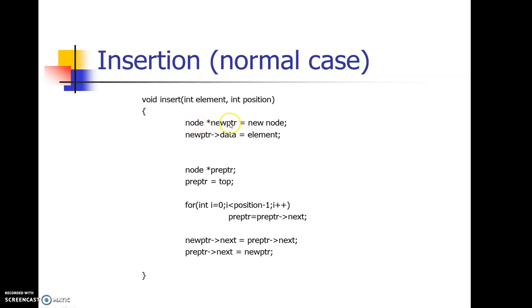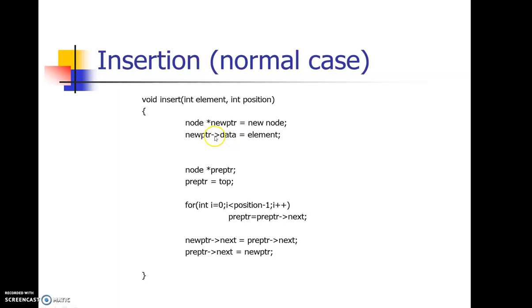Now you can see in front of it, we want to create a pointer in the data type of node. So star over here, indicating I want a pointer, pointing at that new location. So you have a new pointer pointing at the new location that has been created. Next, new PTR to the data part.